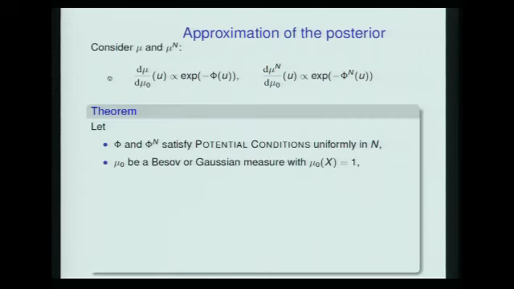Now, again, first of all, you need to make sure that the Radon-Nikodym derivatives make sense. So mu and mu n exist. So you want the same kind of condition that I told you in the well-definedness part.